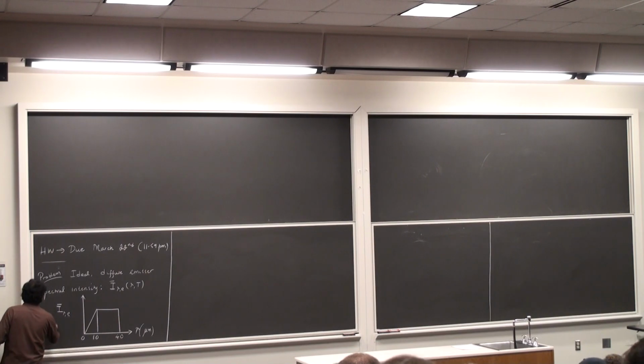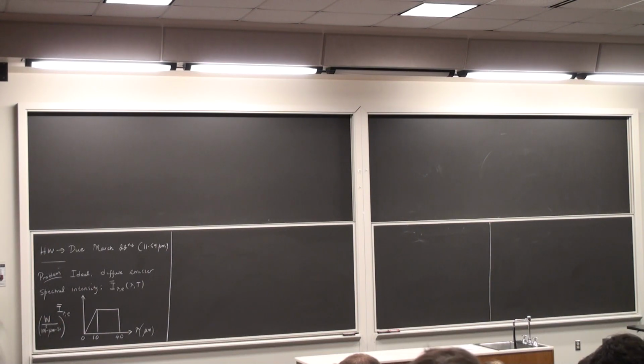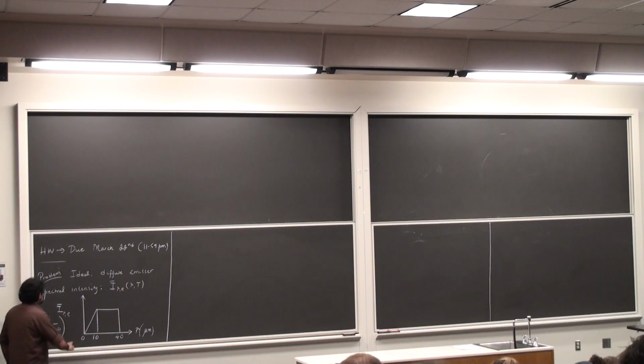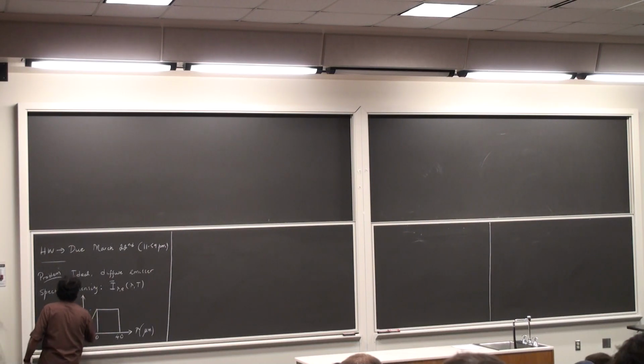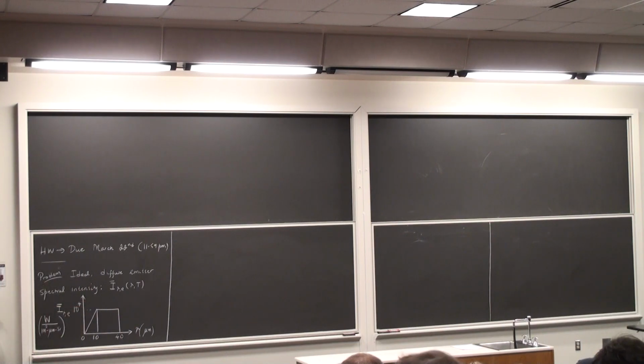So this is watts per meter square micrometer steradian, and this peak value here is 10 to the power 4. Okay, so this is the situation that we are shown.